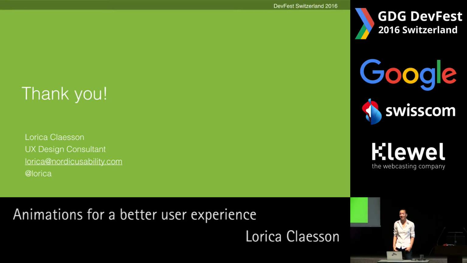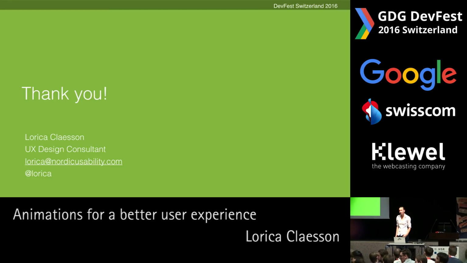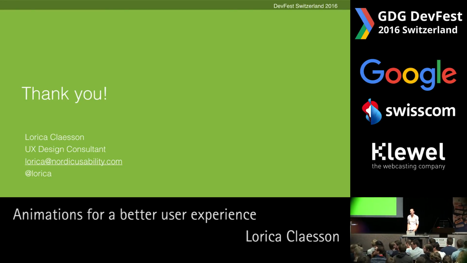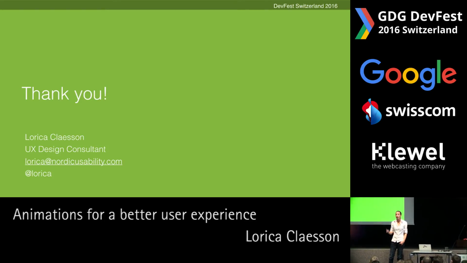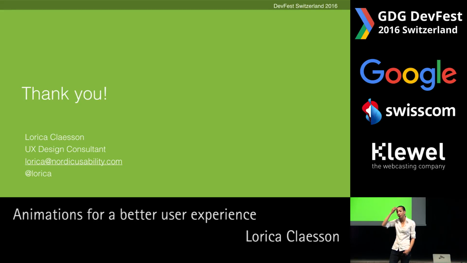Hi, thanks for the inspirational talk. About the animations, I would like to ask if you can recommend some tool that we as developers can use to prototype, so we don't implement from the beginning, but we just make a quick and dirty sample to see how it looks. Yeah. So I use a tool called Principle in order to make the animations. It's a Mac app, but if you search for Principle, you will find it.